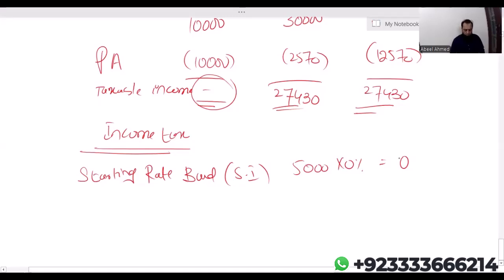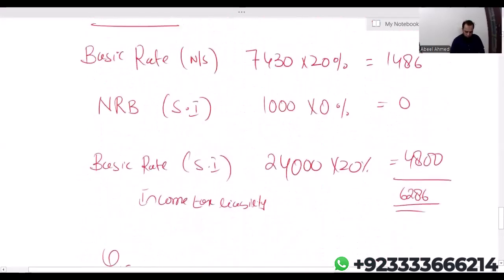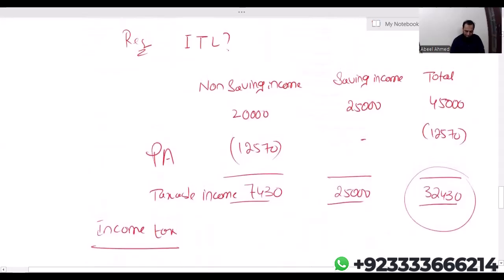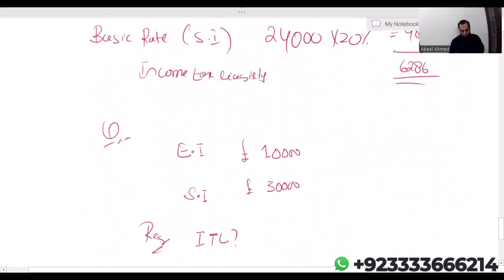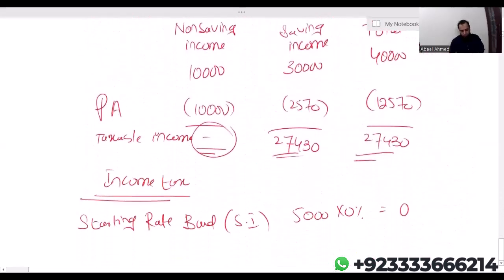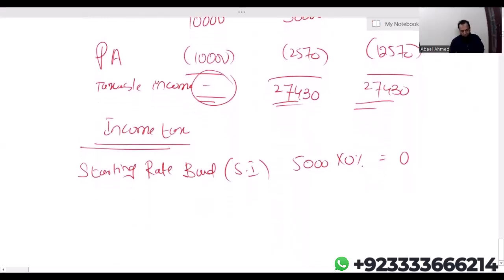Why was it not available? Because in the previous question, the taxable income in the column of non-saving is more than 5,000 pound. Whenever taxable income in the column of non-saving is either 5,000 pound or more, you will not get a starting rate band for the saving income. Here it is available, the entire 5,000, because in the column of non-saving, the taxable income is 0.